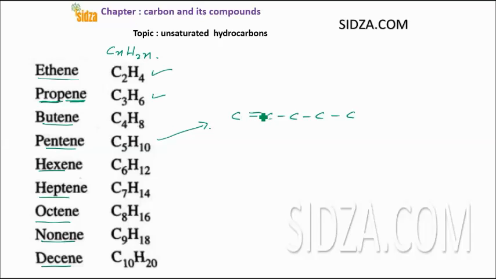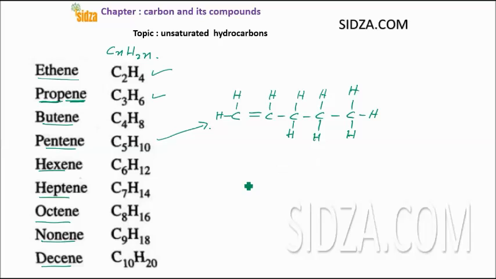So you can put 1 double bond there and then add the hydrogen atoms to complete the valencies. 2 hydrogen atoms on this one because 2 are filled there, and this carbon needs only 1 hydrogen atom because 3 valencies are filled here, 2 from here, 1 from here, and this one gets 2 hydrogen atoms, okay? This one gets 2 hydrogen atoms, and this terminal one gets 3 hydrogen atoms. So this is the structure of pentene.